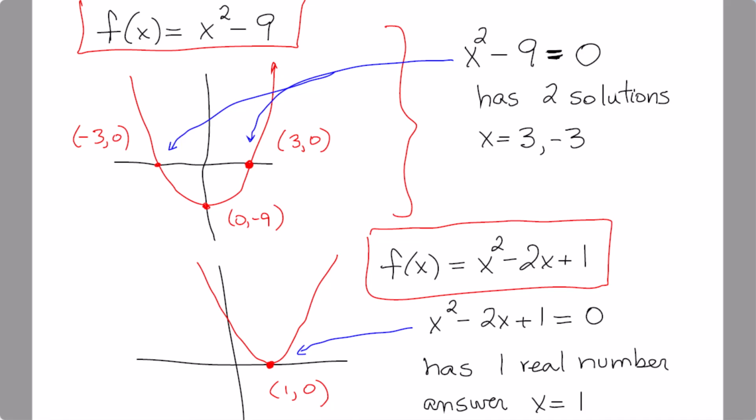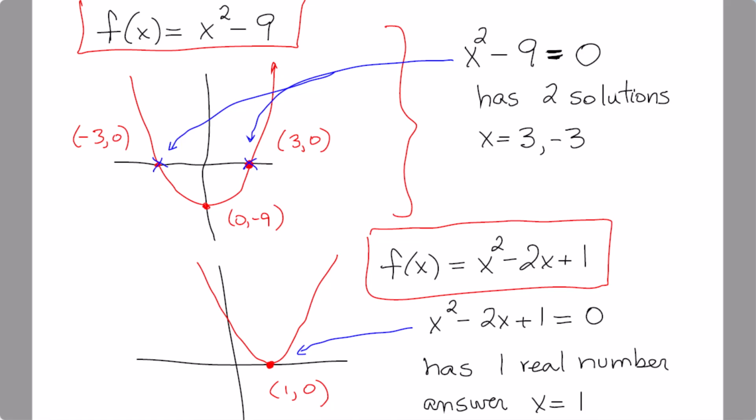And if I look, this U-shaped object is crossing the x-axis in 2 places. And those 2 places happen to be the solution to the corresponding quadratic equation. So this equation actually has 2 solutions.